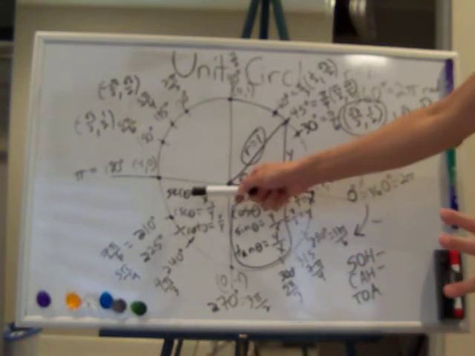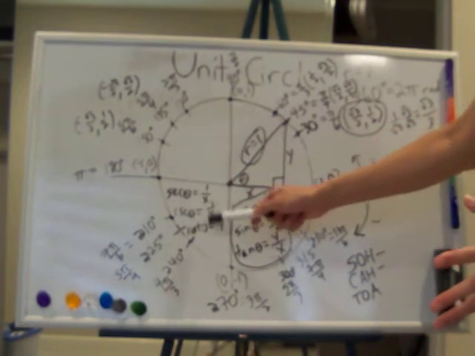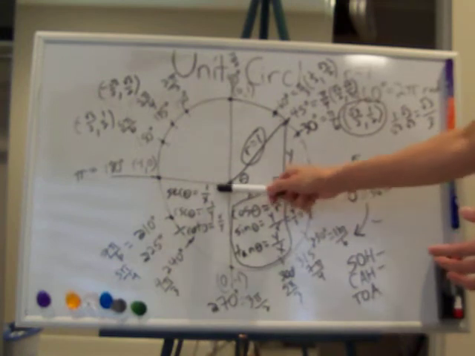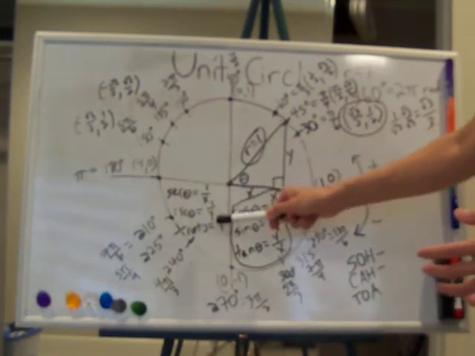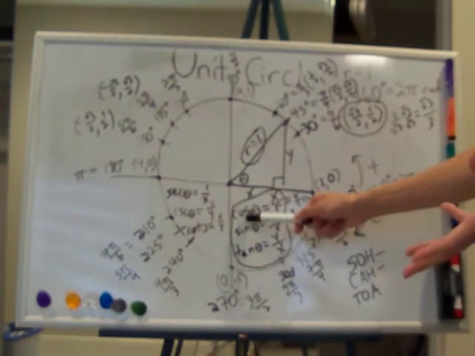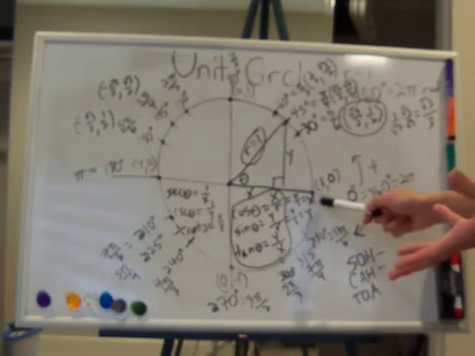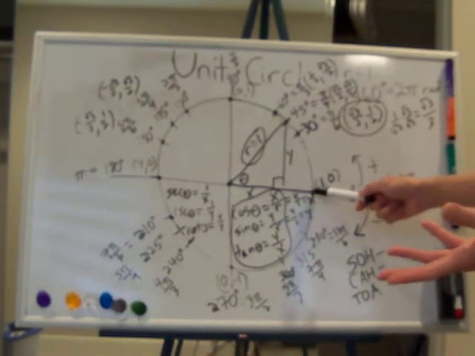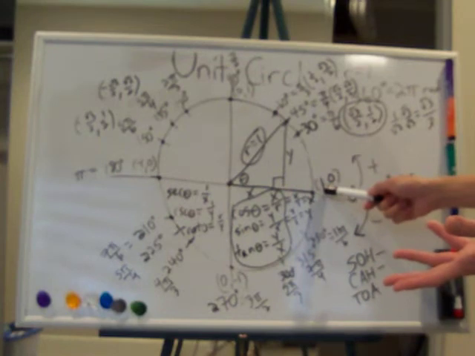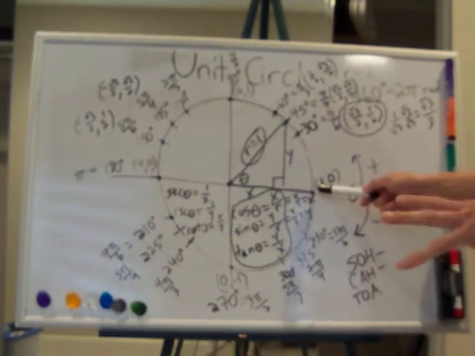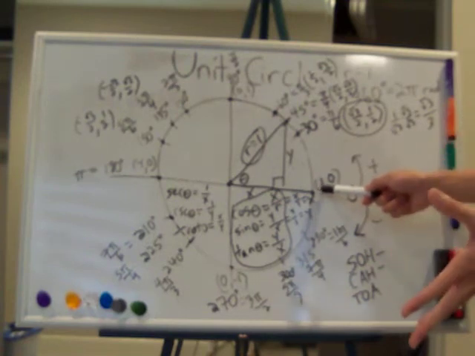So there's actually two different ways to find the secant, cosecant, cotangent in the unit circle. You can either memorize these rules here, or you can just say, I know that cosine of theta is equal to x in the unit circle. So if I can find cosine of 0, which happens to be 1, the reciprocal of 1 is 1, right? So therefore secant of 0 degrees is equal to 1.